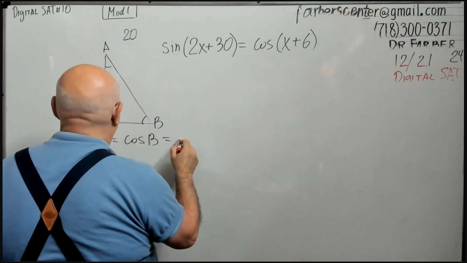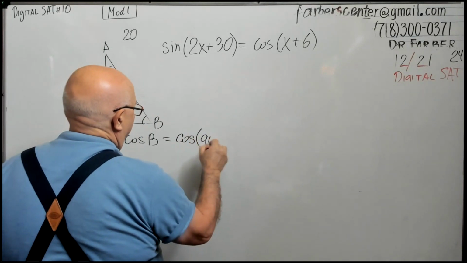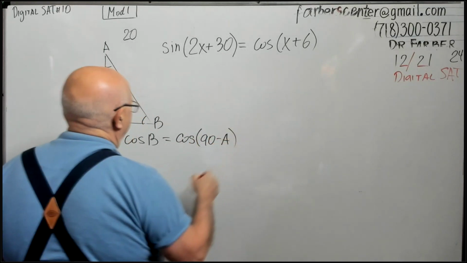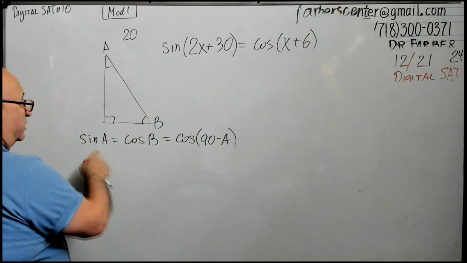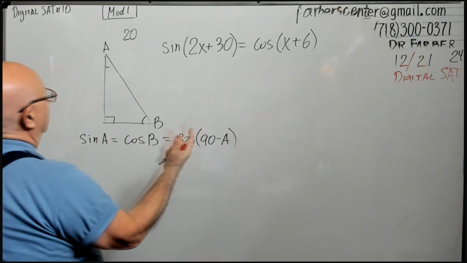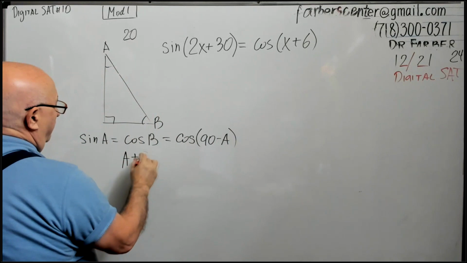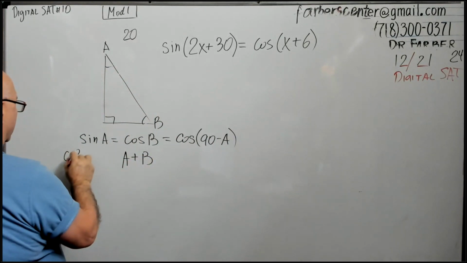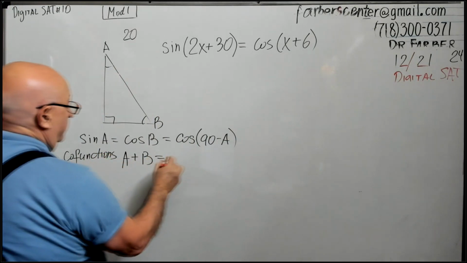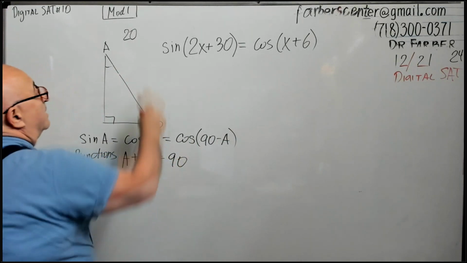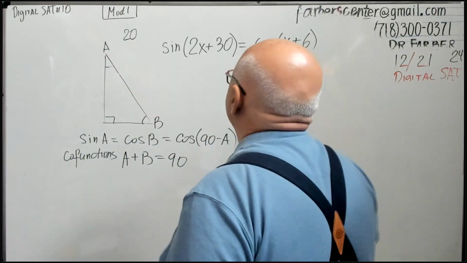It's the same as cosine of 90 minus A, because B plus A is 90 degrees. They are cofunctions. What is it? It means A plus B, if they are cofunctions, is always 90 degrees. And this is the same, sine of an angle is cosine of this angle. They are cofunctions.